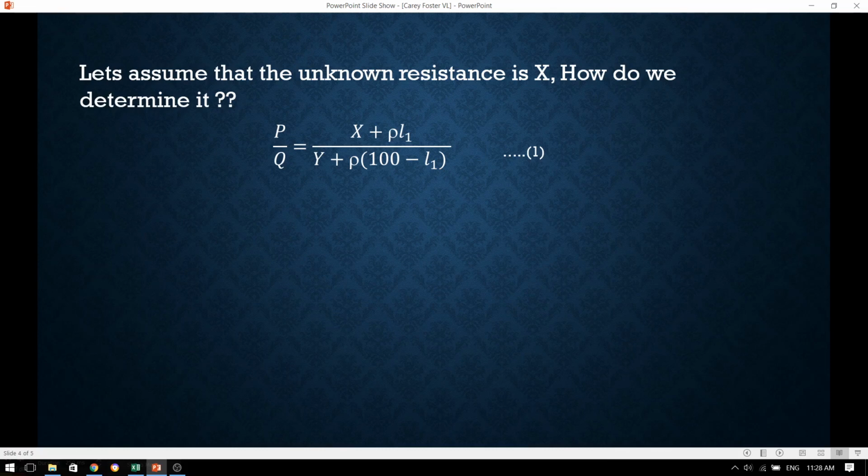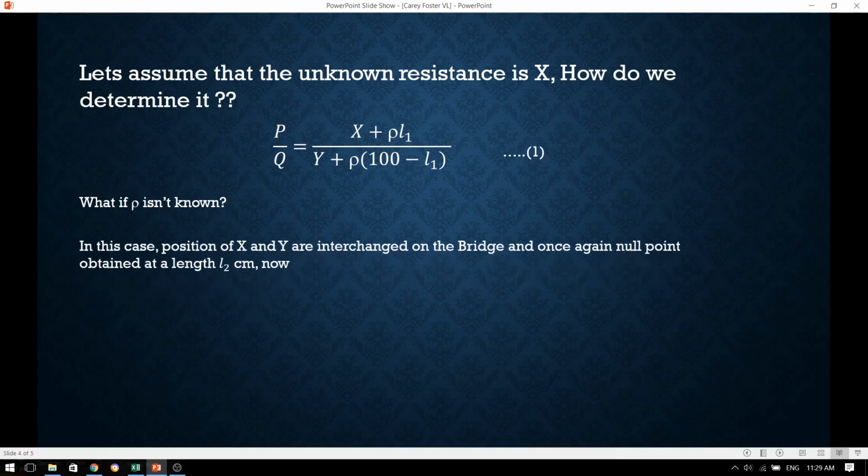In this scenario, if Y is known, we can calculate X, isn't it? However, what if rho isn't known, which means the resistance per unit length of the Carey Foster bridge is unknown? Then how can we calculate X? Because in the same equation there are two unknown values.